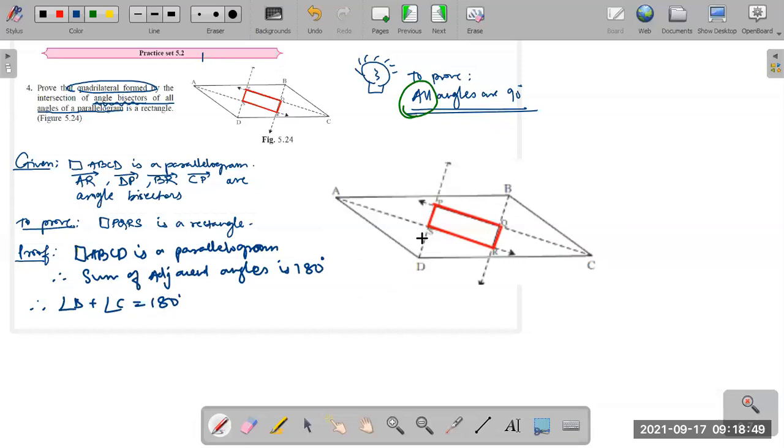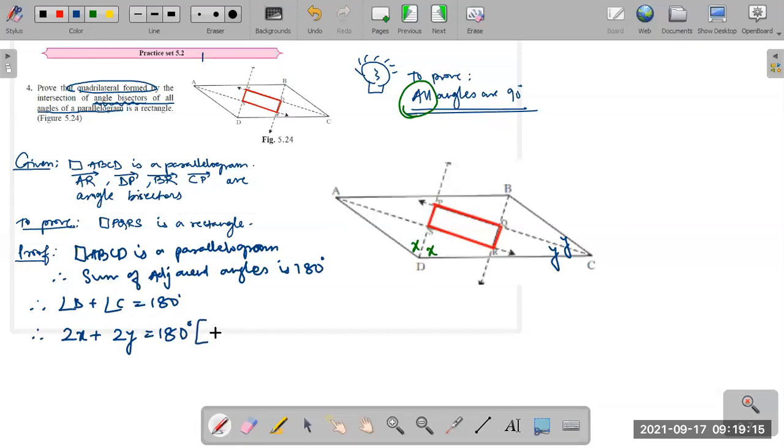In the diagram itself, you can mark this as angle X and angle X, and the other one as Y and Y, because of the angle bisectors. So we just substitute the values here. Angle D is twice X plus angle C is twice Y, which equals 180 degrees.